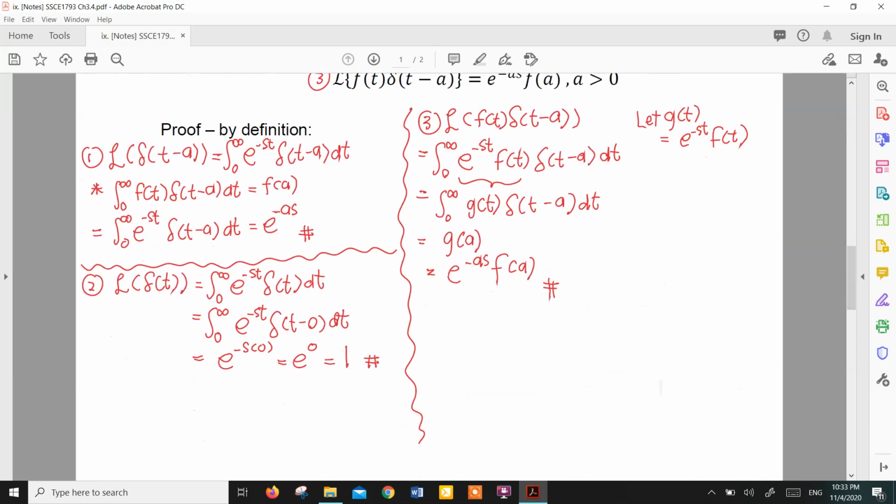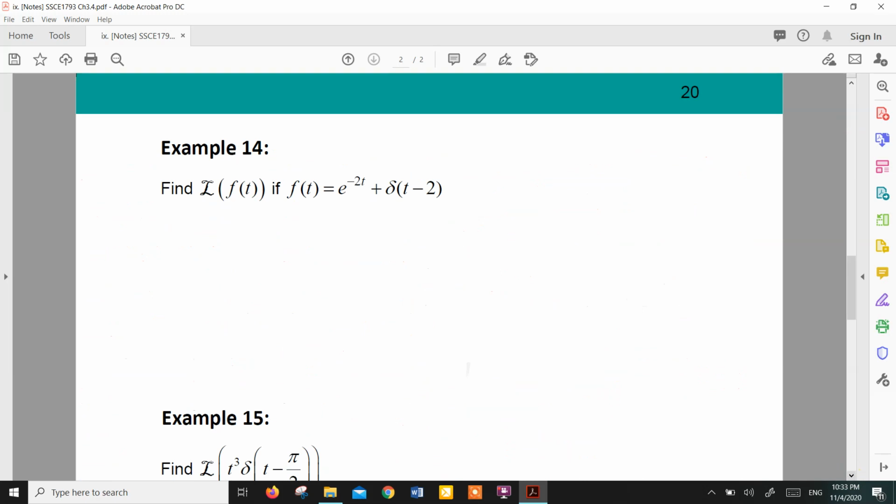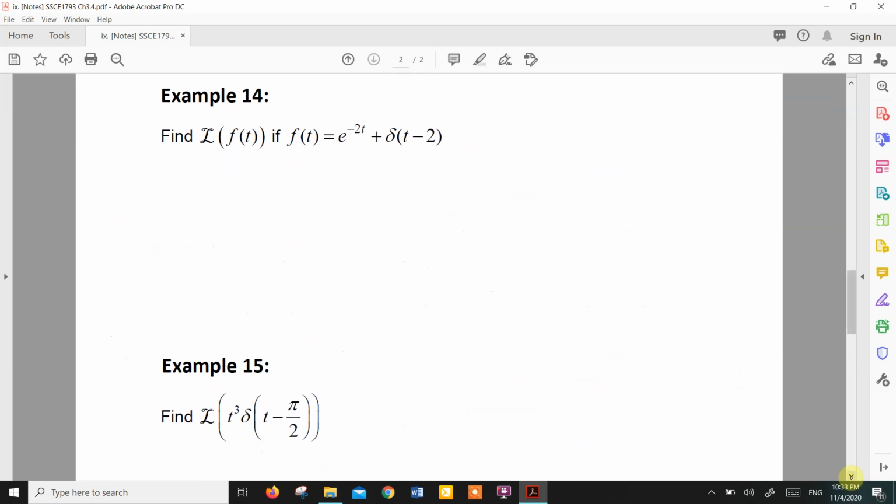Okay, now let's go to the example. Example 14. Find the Laplace transform of f(t) if f(t) is equals to e to the negative 2t plus delta(t minus 2).